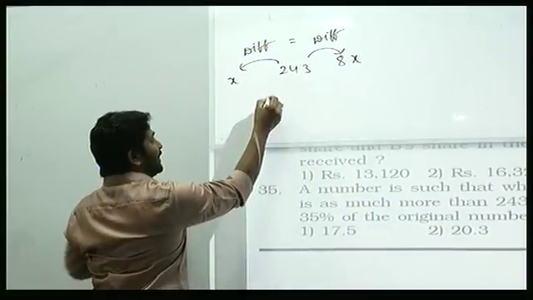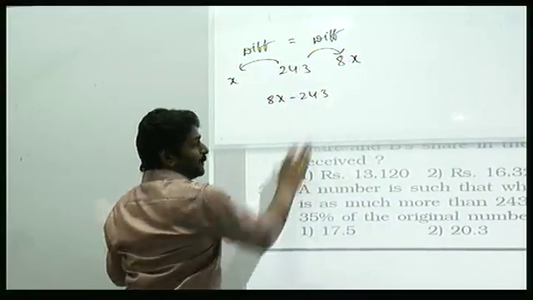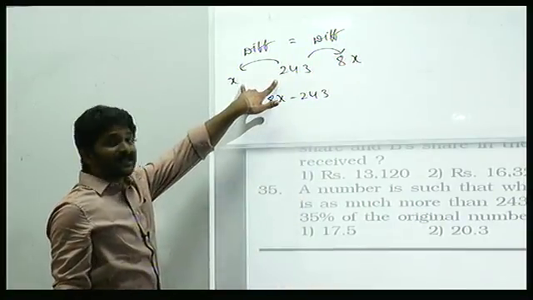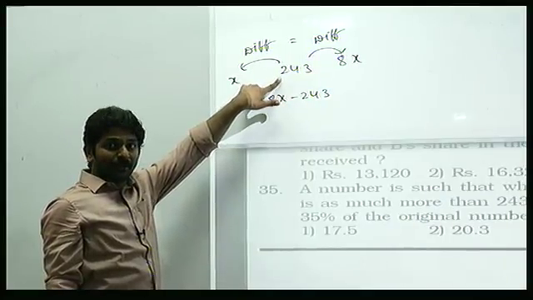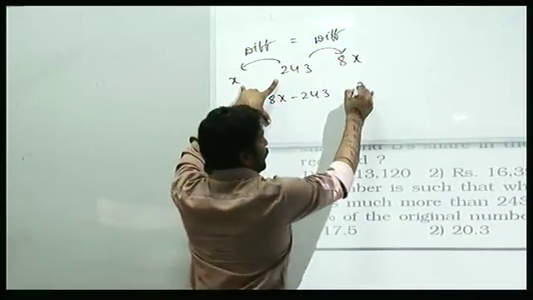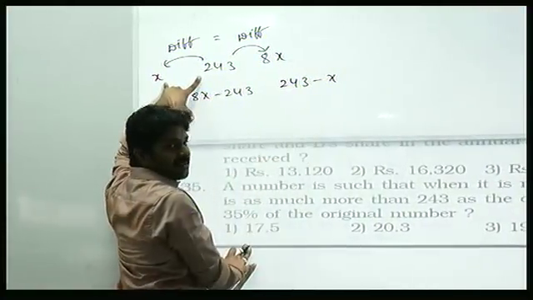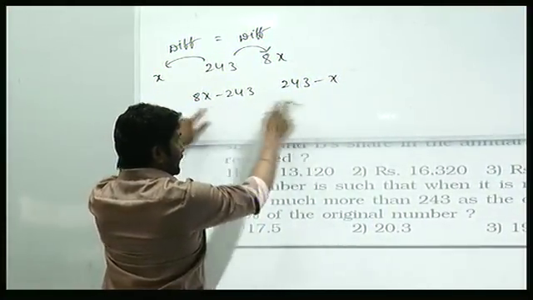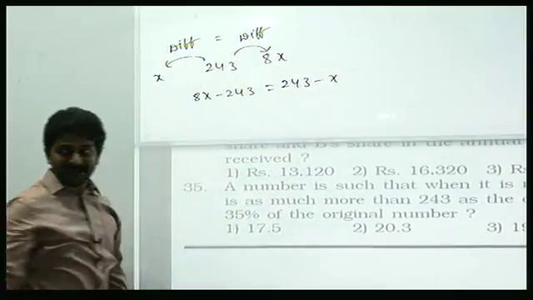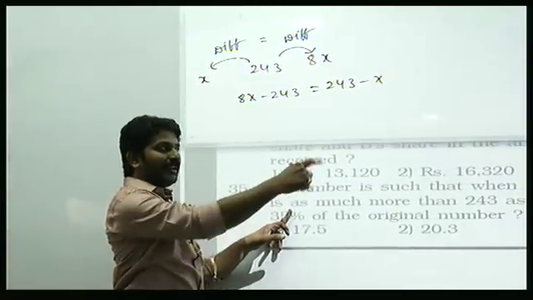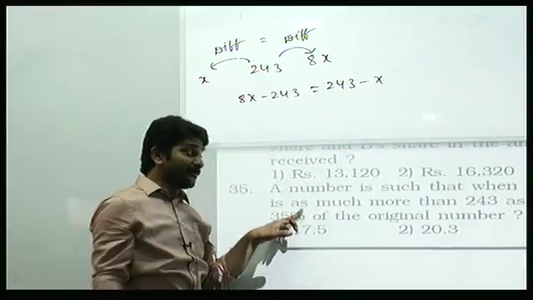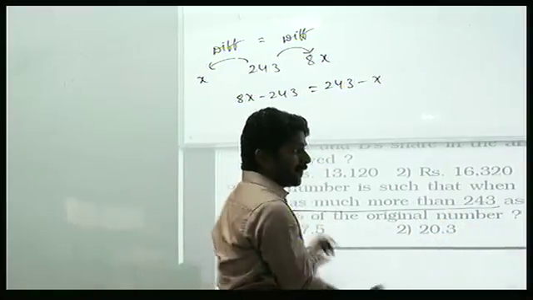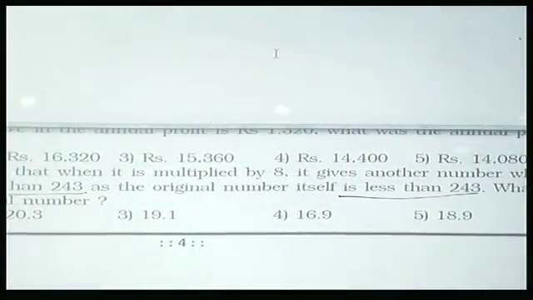The difference between these two numbers is 8x minus 243, which is the same as the difference between x and 243. Out of x and 243, which is the larger number? 243. So here the difference will be equal to 243 minus x. And they said these both differences are the same.